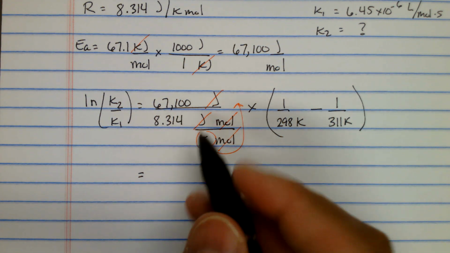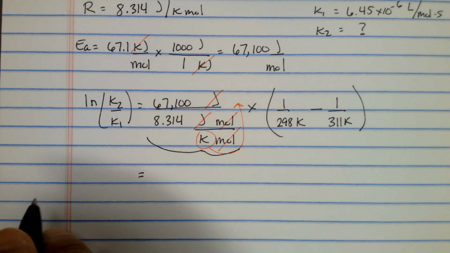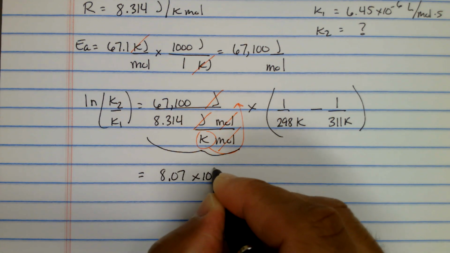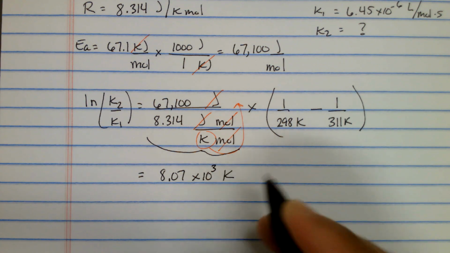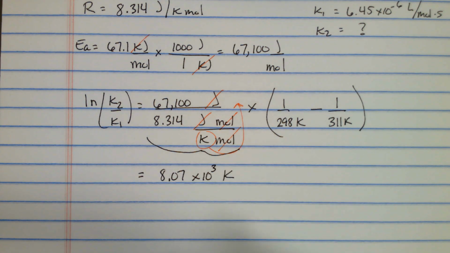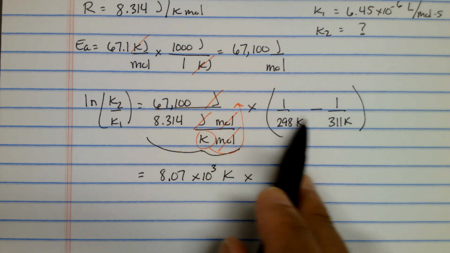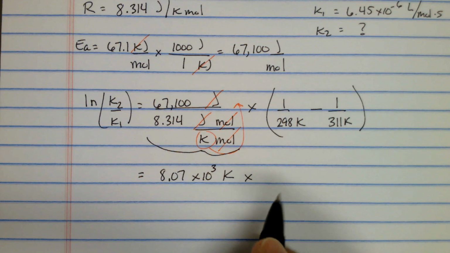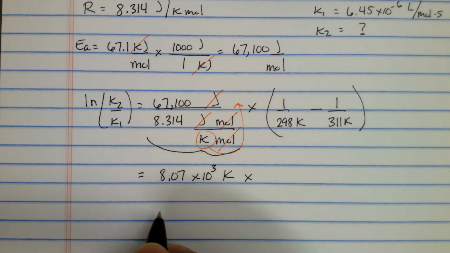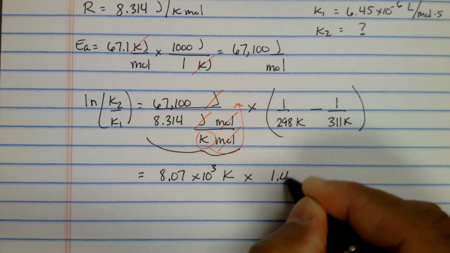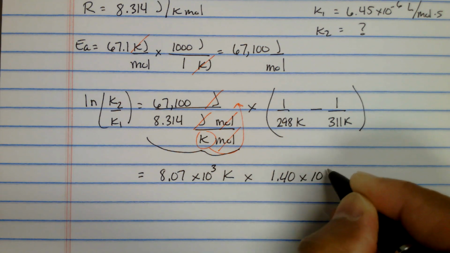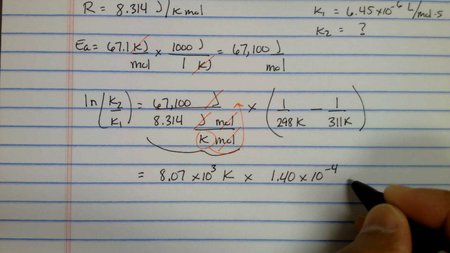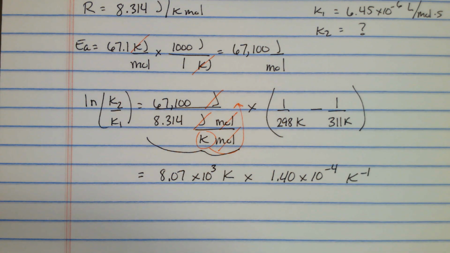When we plug these numbers in, this term right here is 8.07 times 10 raised to the 3, and again, this is Kelvin. The unit Kelvin comes up to the top. And we have to be careful here. So this is 1 over 298 minus 1 over 311. These terms are 1.40 times 10 raised to the minus 4, and Kelvin is in the denominator, so this will be inverse Kelvin.